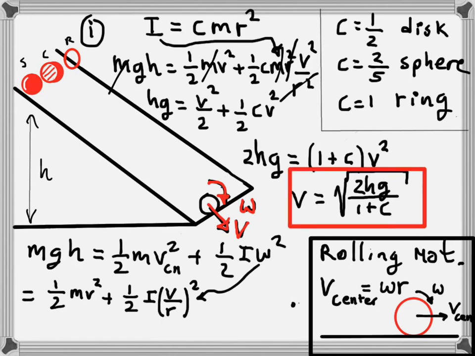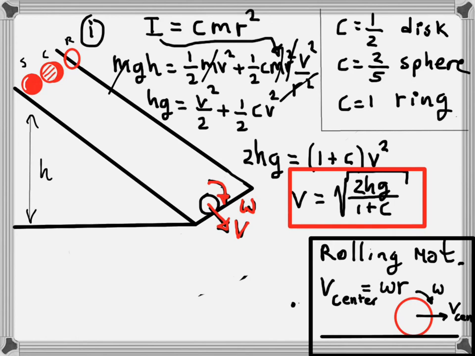From this equation, we can now finally answer the question that we set out to answer, which was which one of the 3 objects, the sphere, the cylinder, and the ring, is going to win this race. So we have to find out which one has the biggest velocity at the bottom. But we have a velocity equation now.